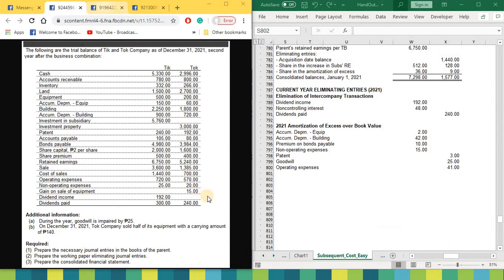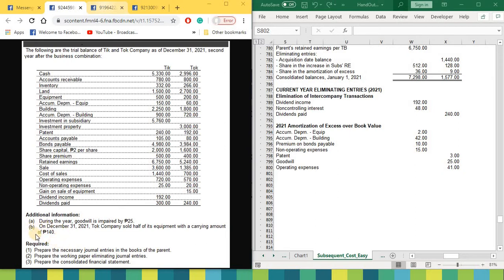So for consolidation purposes, the gain on sale of equipment is not 15 pesos because in the consolidation, the equipment of the acquiree is not valued at 140 pesos, because the 140 peso carrying amount of the acquiree in its separate financial statement is based on the book value of the acquiree.